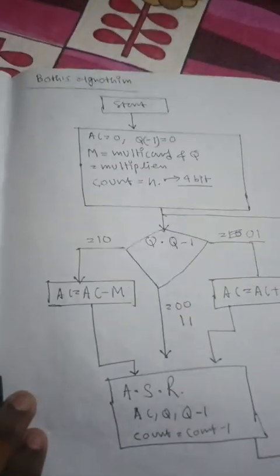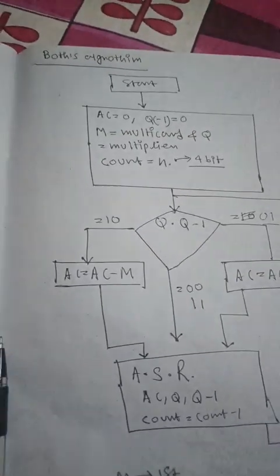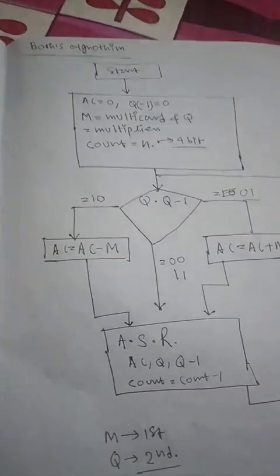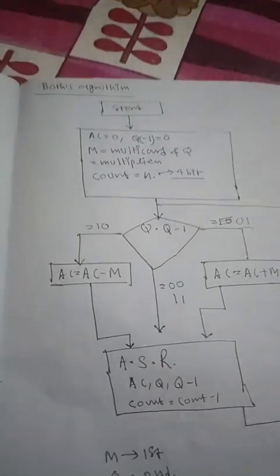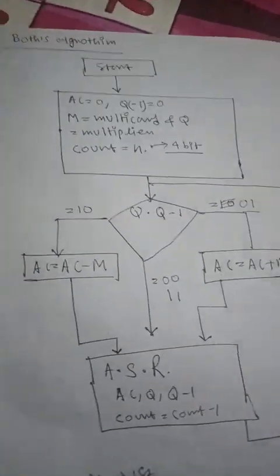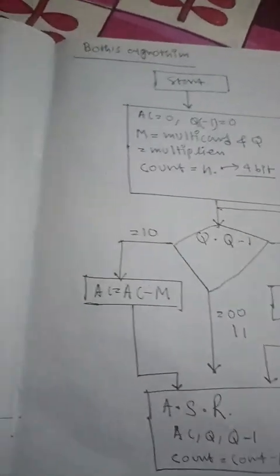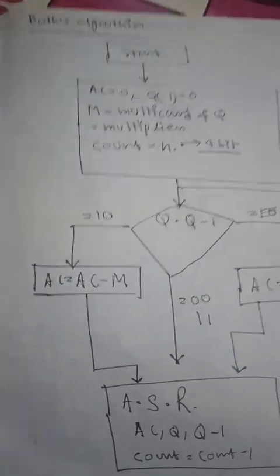In this section, we will see the flowchart of Booth's algorithm. It may come, and it will come with a numerical too. So we will solve a numerical too, but let's first see what the algorithm says. First it starts. There are some terms you have to understand.